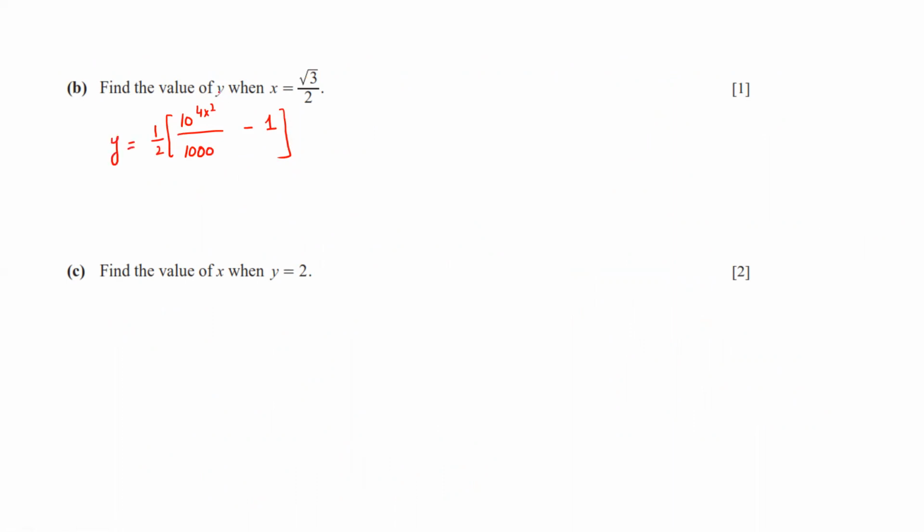We have to find the value of y given x is equal to under root 3 by 2. So just put x equals under root 3 by 2 over here. So this will be 10 to the power 4 times under root 3 over 2 whole square, divided by 1000 minus 1. Under root 3 by 2 whole square comes out to be 3 by 4.